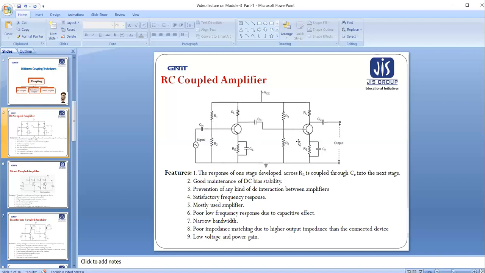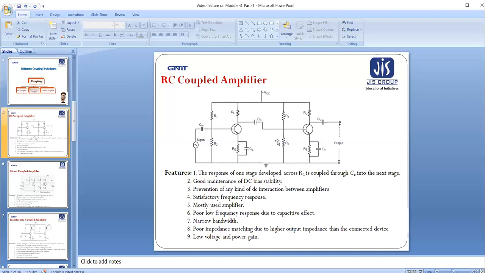Now in this case, the main signal is coupled through this C-in capacitor, because we know that this capacitor is called a coupling capacitor. In case of a single stage it is also a coupling capacitor to couple the output to the load.